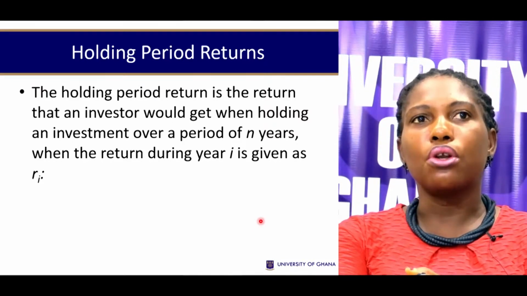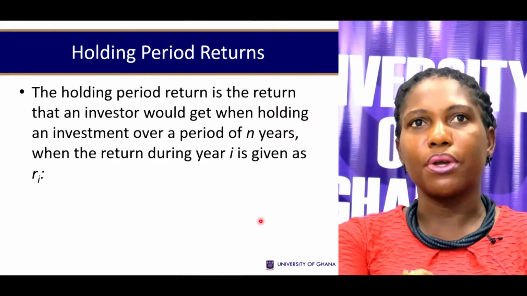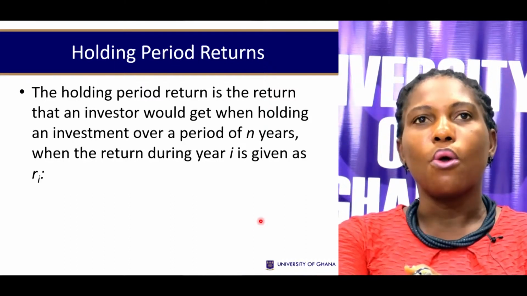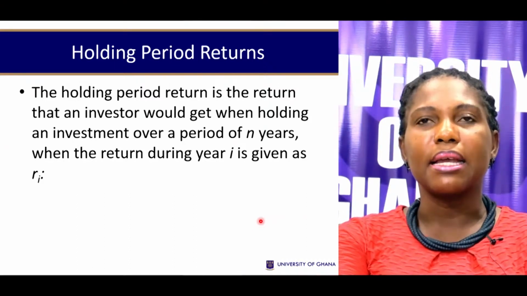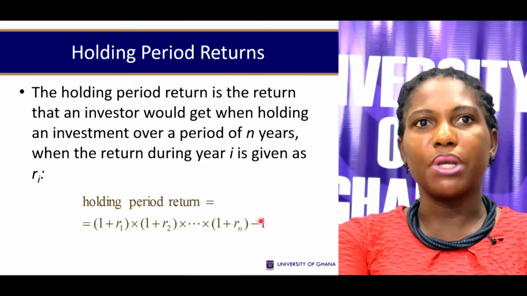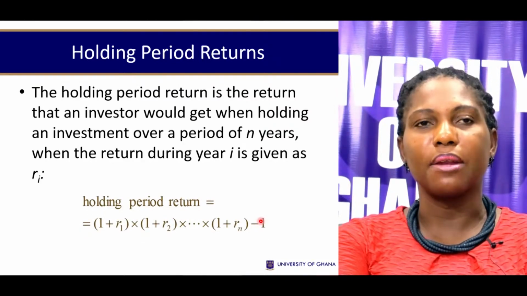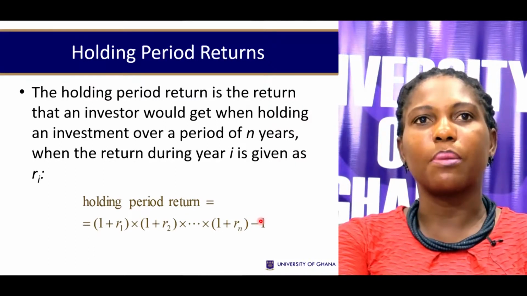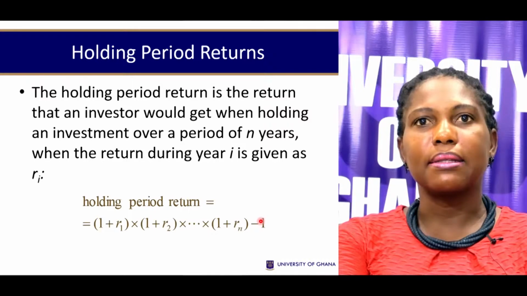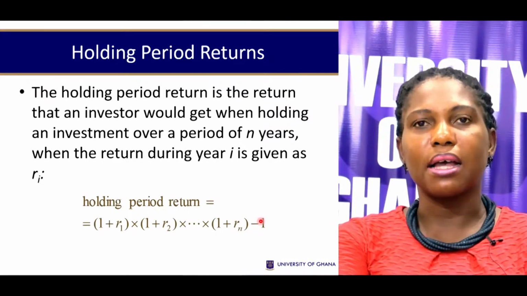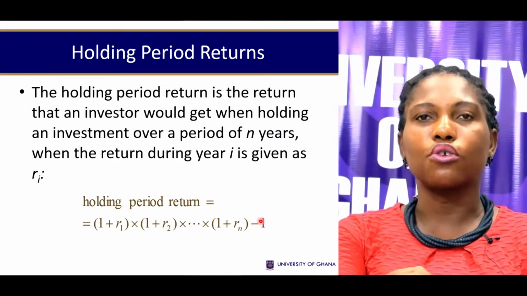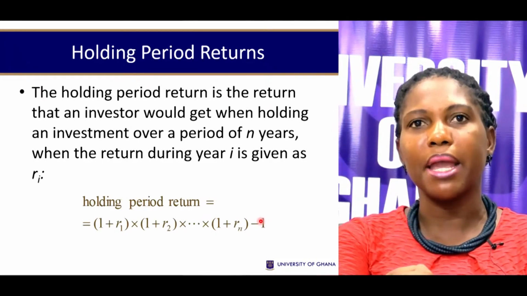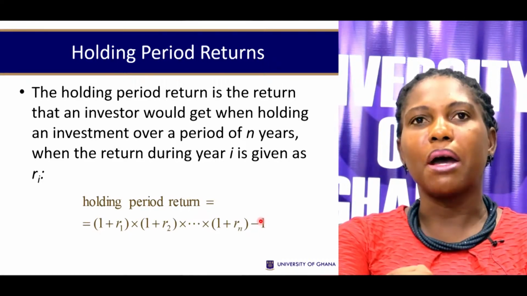Now, if you want to know, at the end of the entire investment period of N years or N seasons, what your total return is, it is given as the HPR, which is our holding period return, meaning that it is 1 plus each of the returns, the product of that, less the principal. And so that gives us our HPR. It tells us over the entire period how much in total return we made. Now, this is not per annum, but for the entire period.